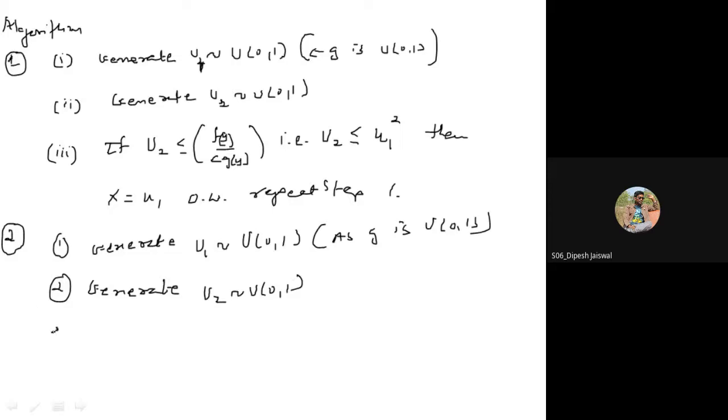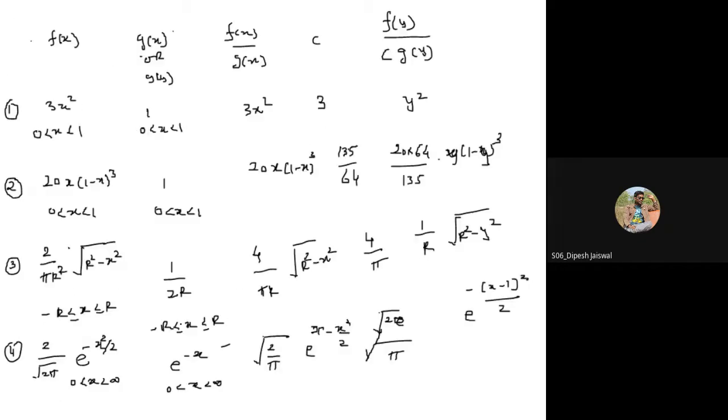Third step, what is the third step? If u2 is less than or equal to fy upon cgy, तो हमारे सेटअप में fy upon cgy क्या है? This quantity. It is 20 into 64 by 135 upon y into 1 minus y cube.